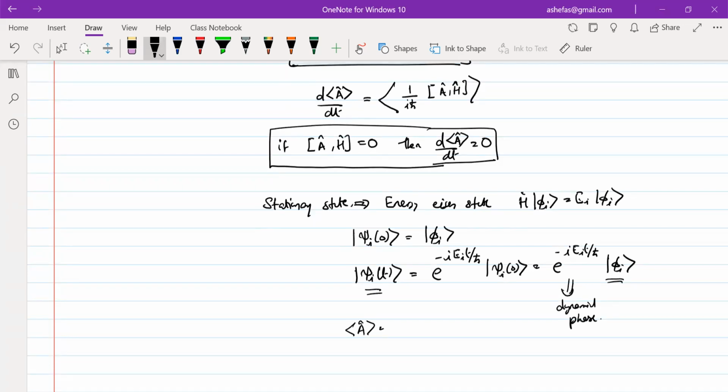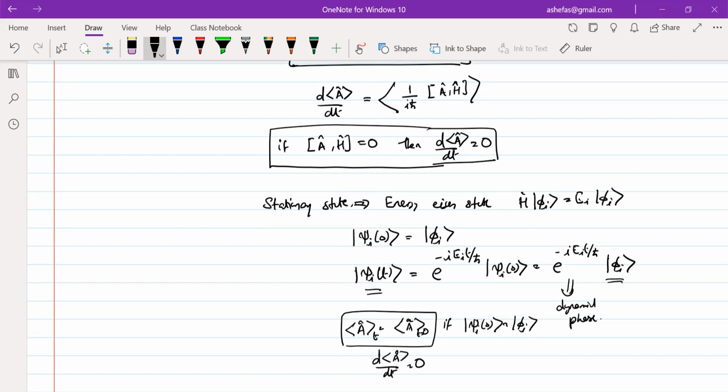So the expectation value of the operator at time t and at time 0 would be the same if ψ_i(0) is |φ_i⟩, and the time derivative of the expectation value would remain 0. That is what is called the stationary state.